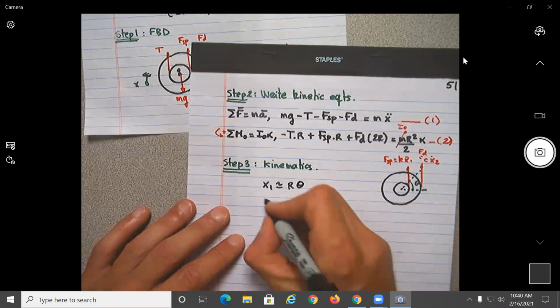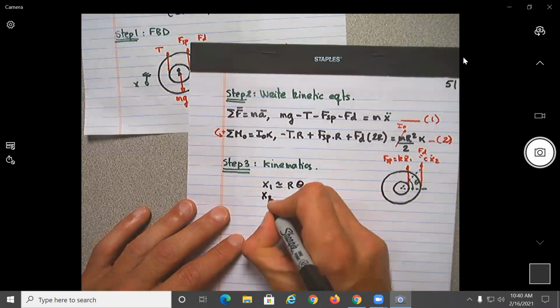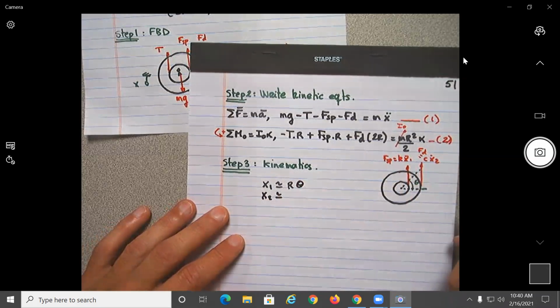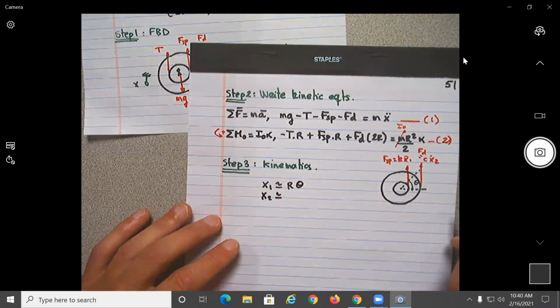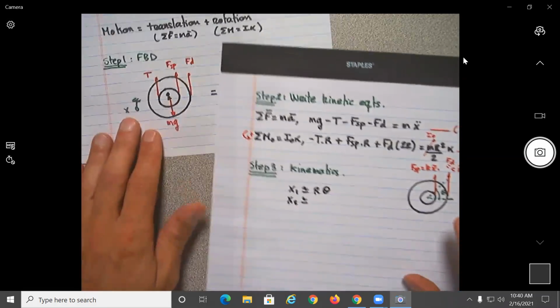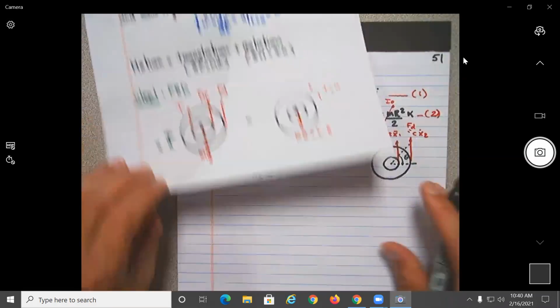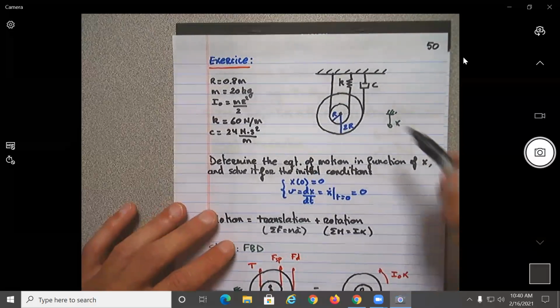Okay, and that x2 similarly will be equal to what? Oh wait, no, here I made a mistake. Hold on one second. See, I was going too fast. So we're going to do the same thing, but hold on one second.